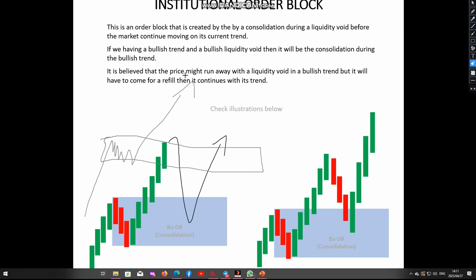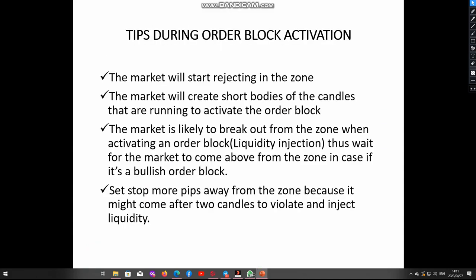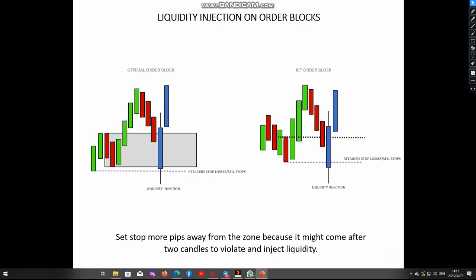Let's just jump, because you already have this one. Here I was just giving you a clarification. These are the tips that you must follow while waiting for the activation of the order block. And here is something that we call a liquidity injection.